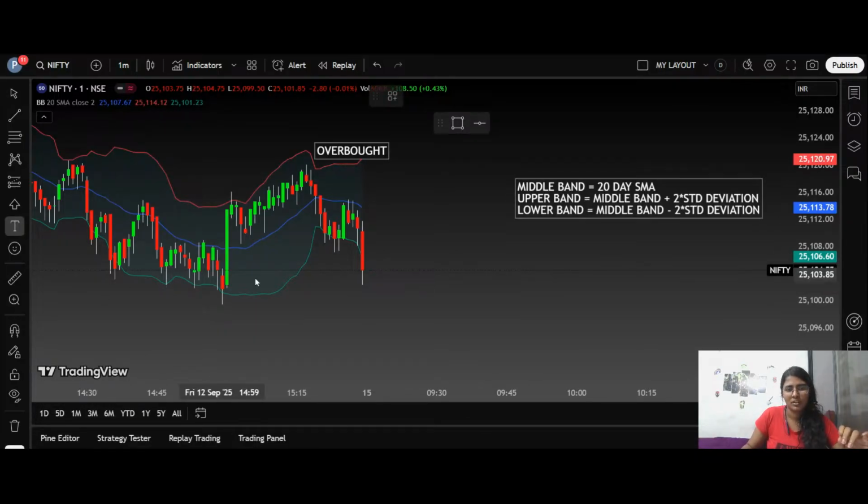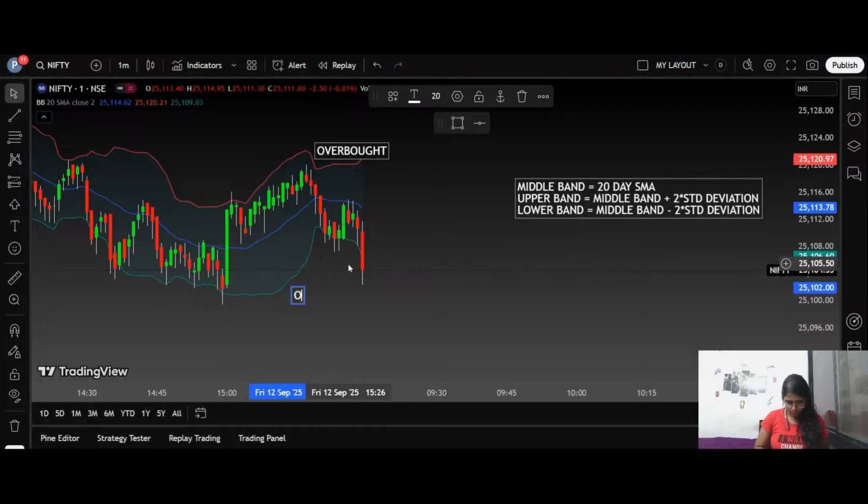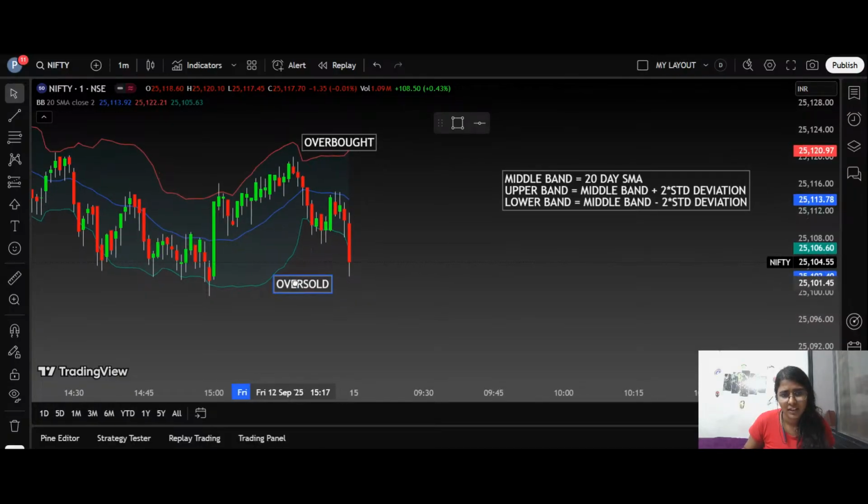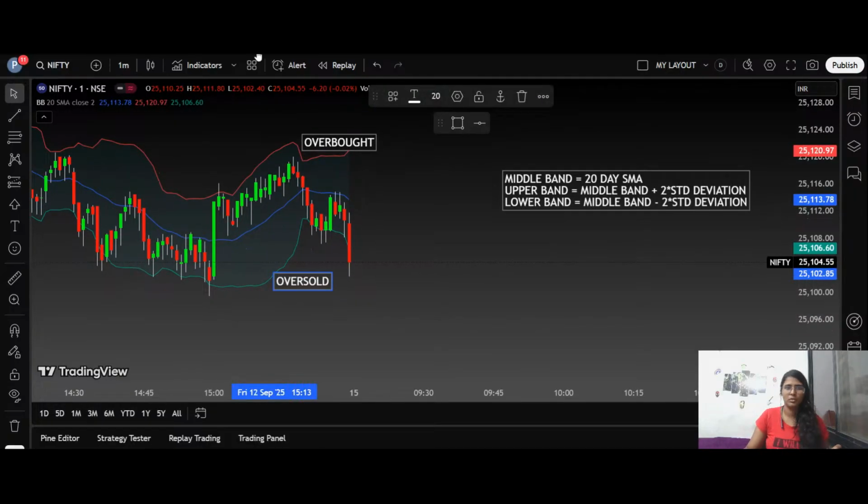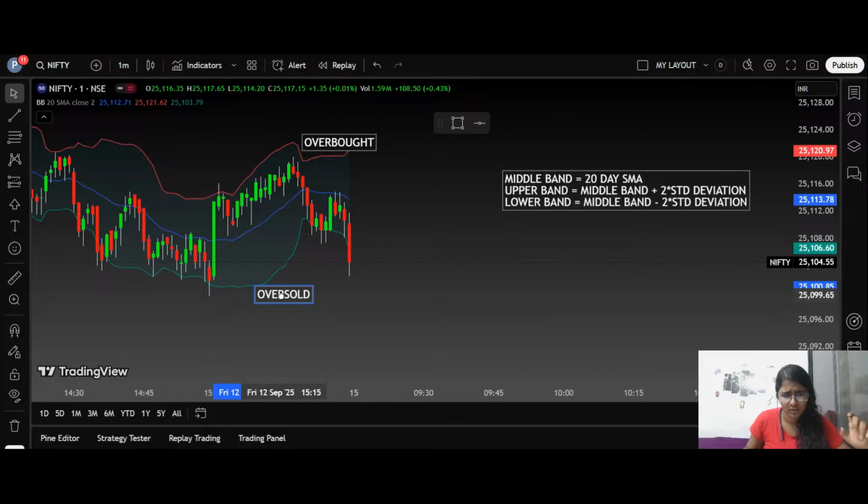And if the candle touches this lower band, means this green band, then your market is considered as oversold. Again, what is the meaning of oversold? You may go and check out my YouTube shorts. Here, I'm going to tell you in very short.